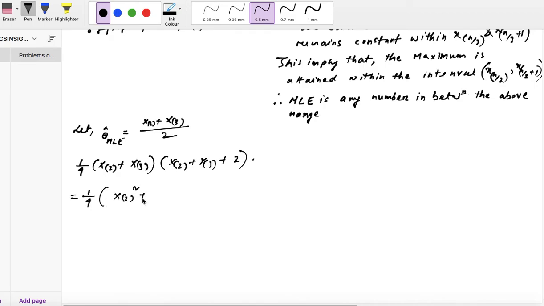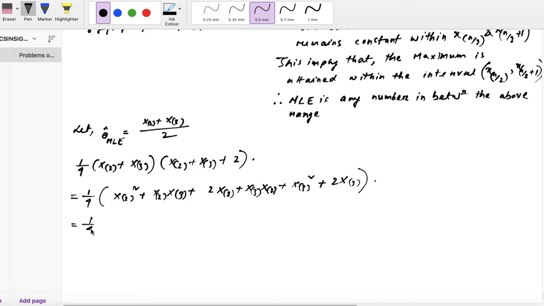X2 square plus x2 x3 plus twice x2, plus x3 x2 plus x3 whole square plus twice x3. Fine.